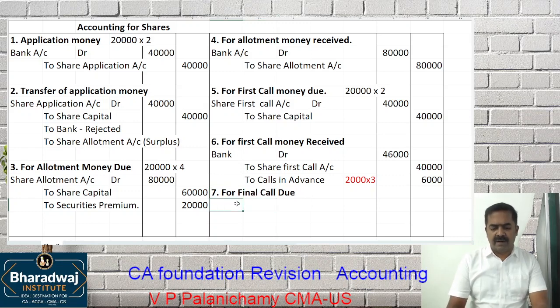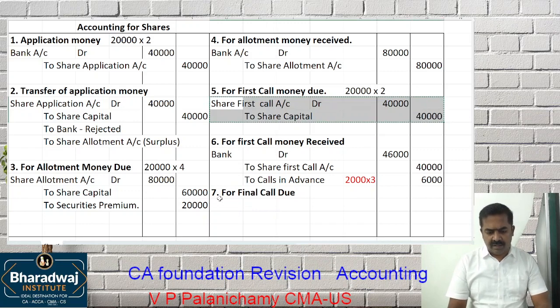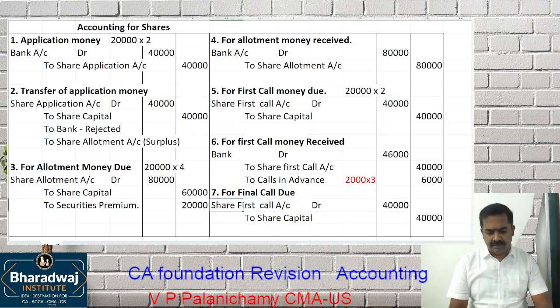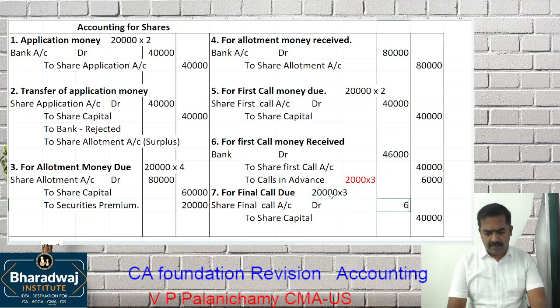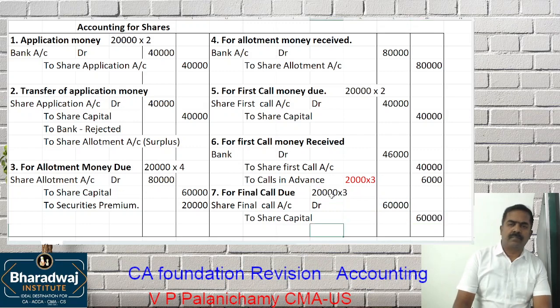What is the entry for final call due? Share final call account debit to share capital. How much? 60,000.